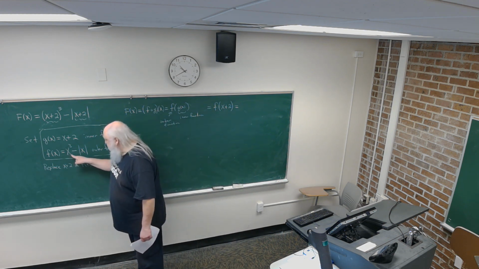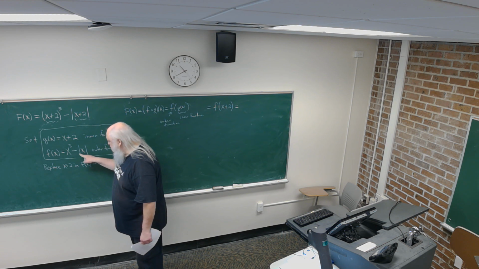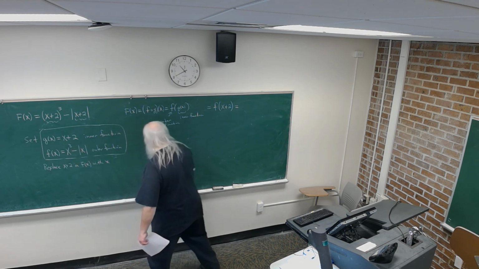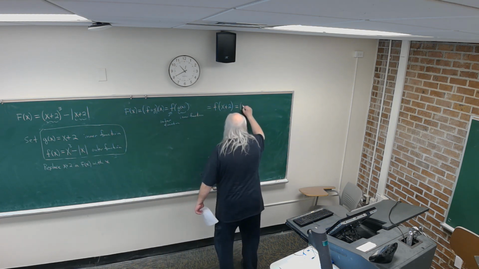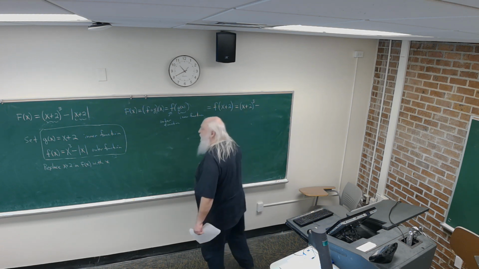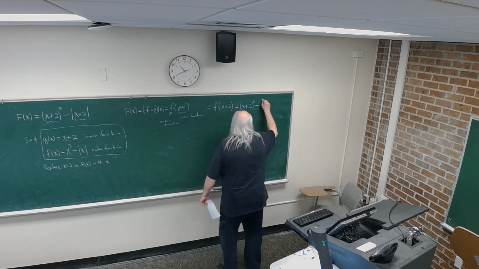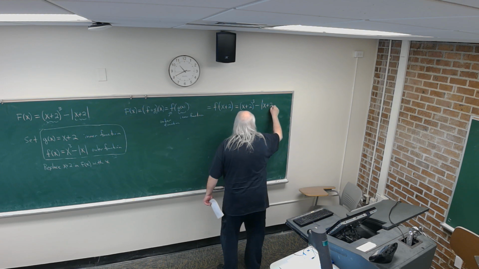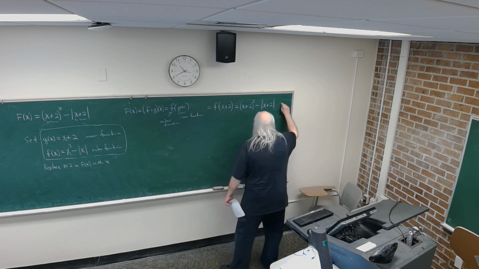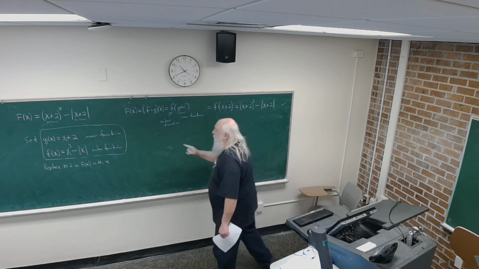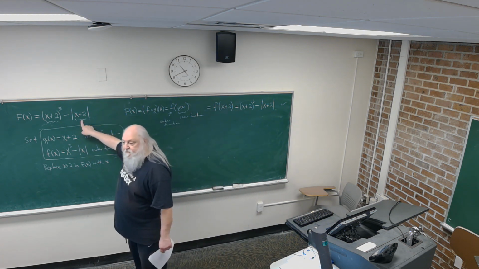Where you see an x on the right hand side, you replace it with x plus 2. So when I replace this x with x plus 2, I have x plus 2 cubed, and I have minus the absolute value of x plus 2. And that checks, because that's equal to big F of x, what we were given.